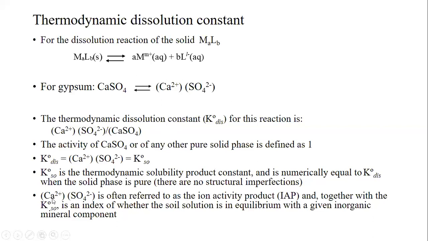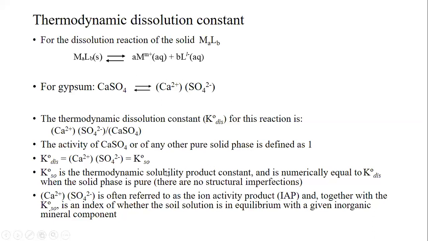So calcium activity times sulfate activity is often referred to as the ion activity product, IAP, because, remember, it is like the K of the solution, the thermodynamic solubility product.